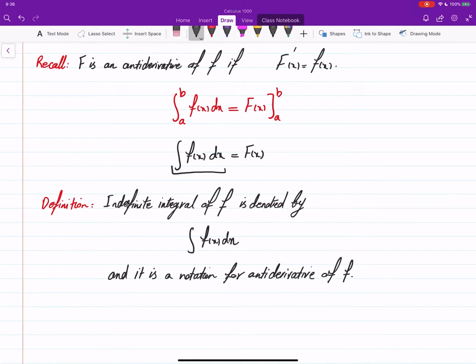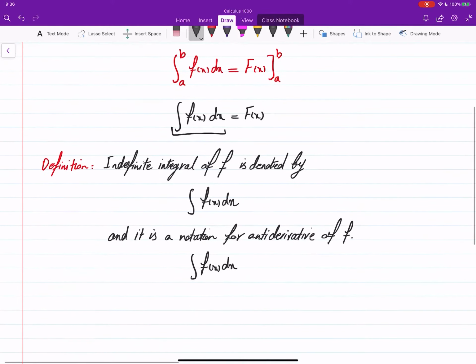By that I mean that the indefinite integral of f of x dx is going to be a function F of x if and only if F prime of x is equal to f of x.